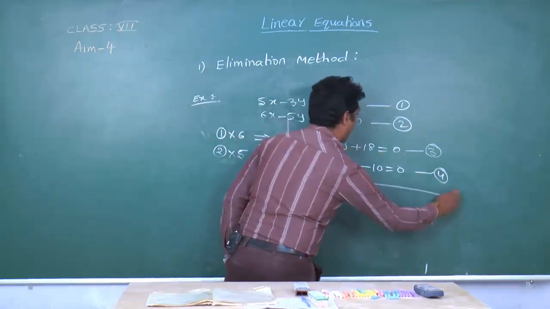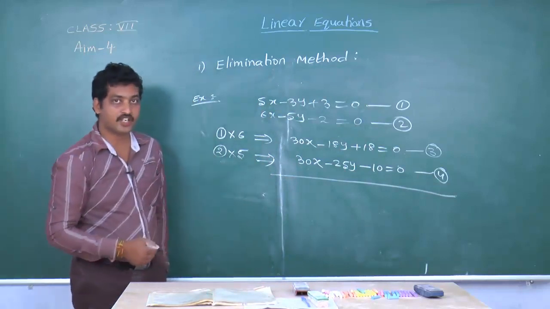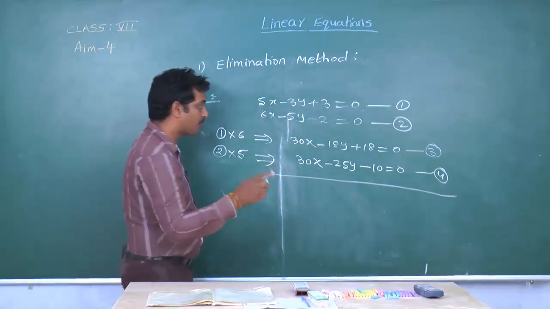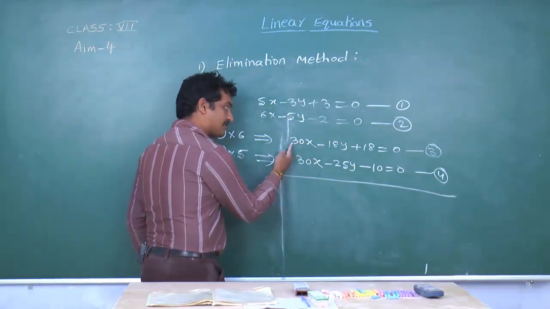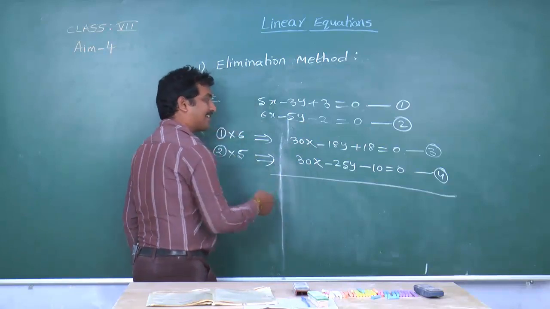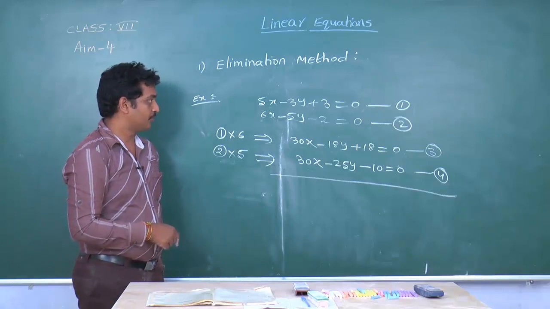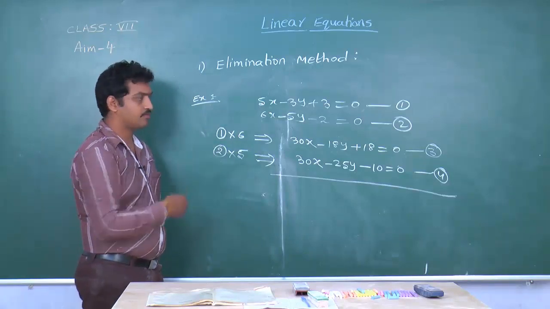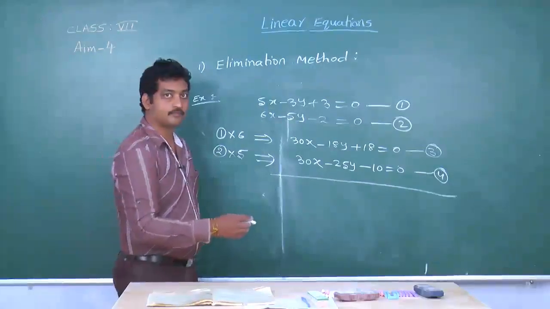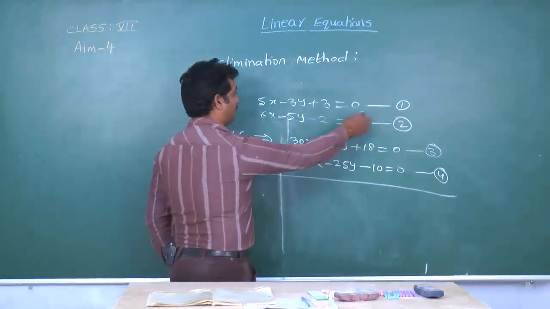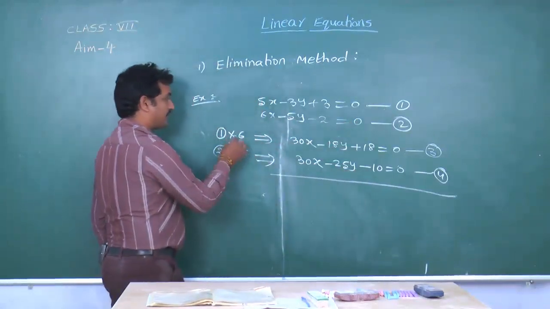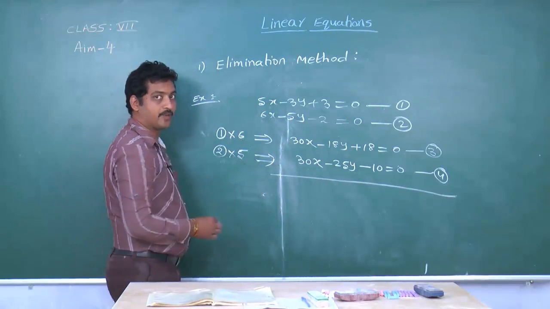Now, observe these 3 and 4 equations. What do you observe? The coefficient of x is 30. The coefficient of x is 30 in the second equation also. Therefore, the first equation should be multiplied with 6 and the second equation should be multiplied with 5.